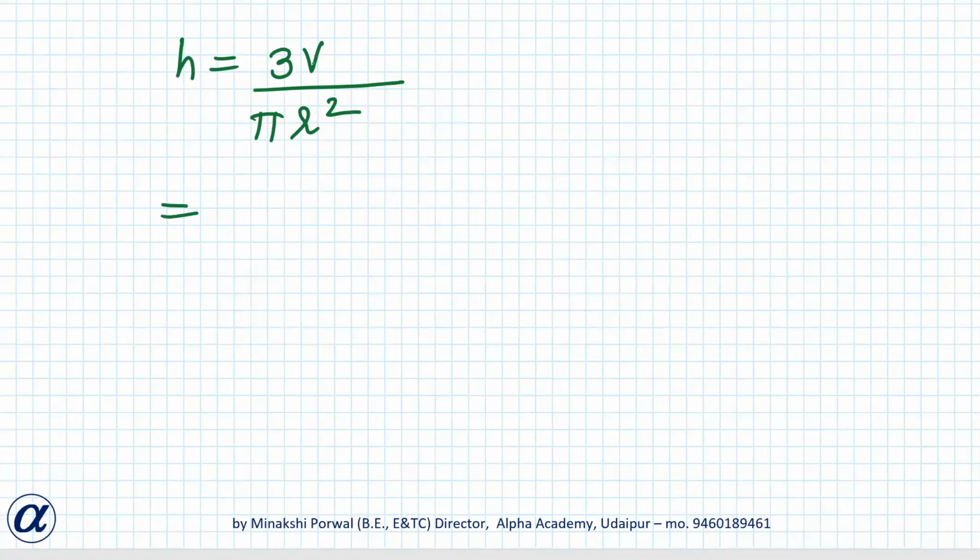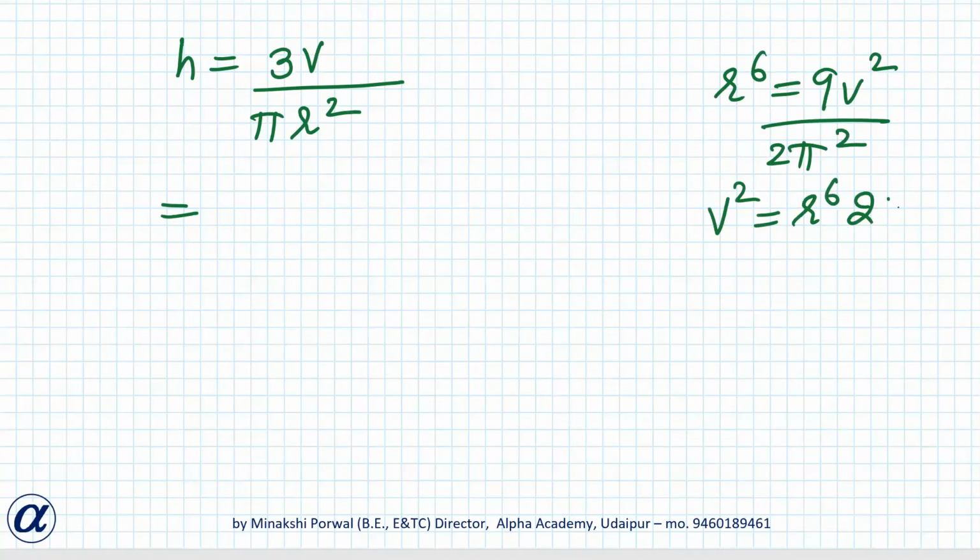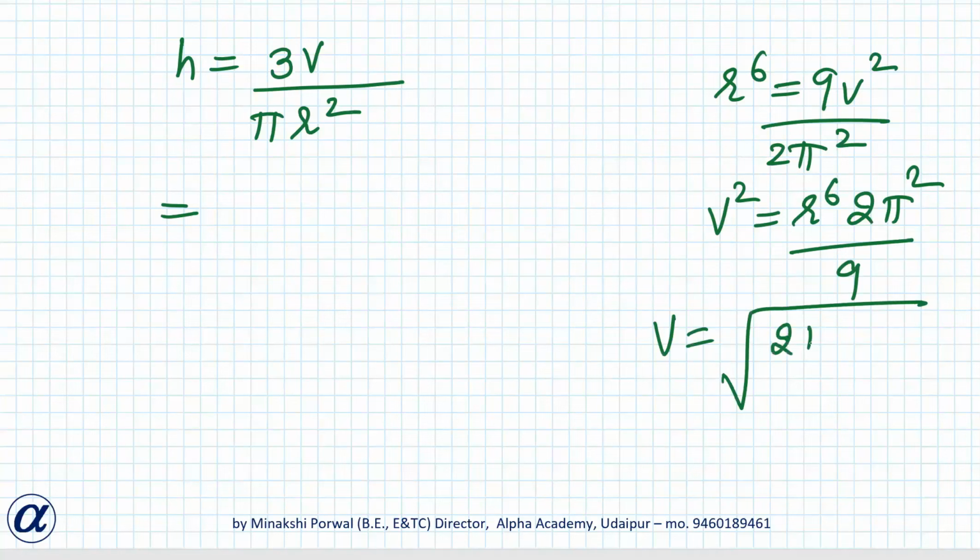We will substitute from this relation, r to the power 6 equals 9v square upon 2 pi square. So v square can be written as r to the power 6 times 2 pi square upon 9. Or v can be written as the square root of 2 pi square r to the power 6 upon 9.